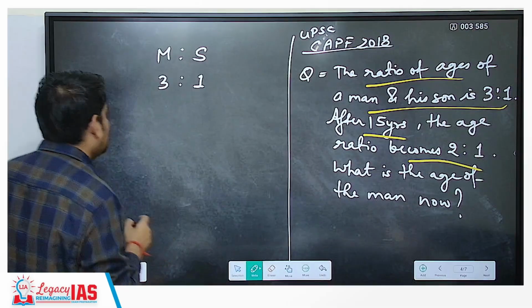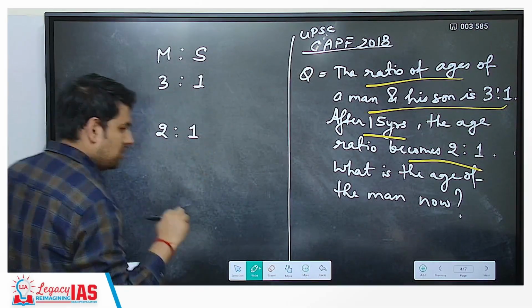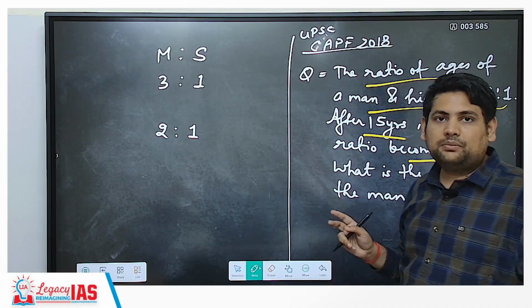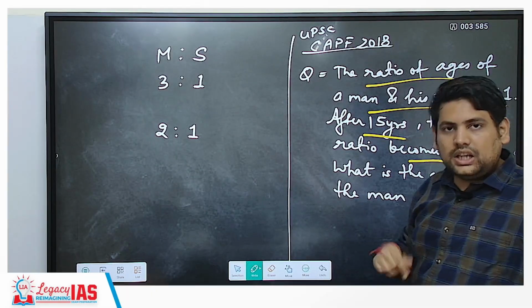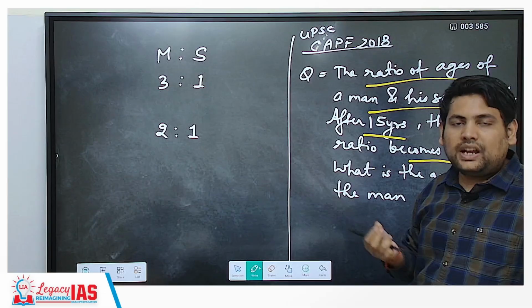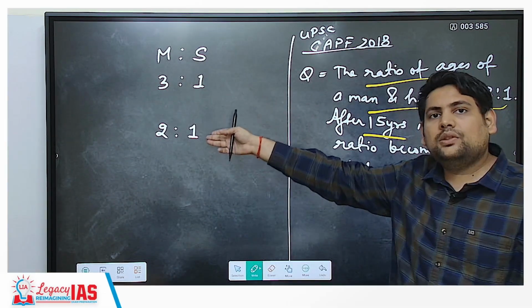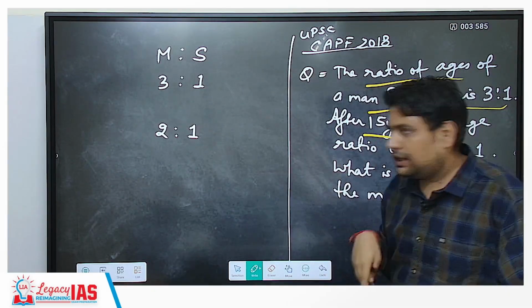Now, as I told you in that example between you and your sister, ages always increase or decrease by the same number. That is, however many years have passed, that many changes will be there on both parts. Correct?